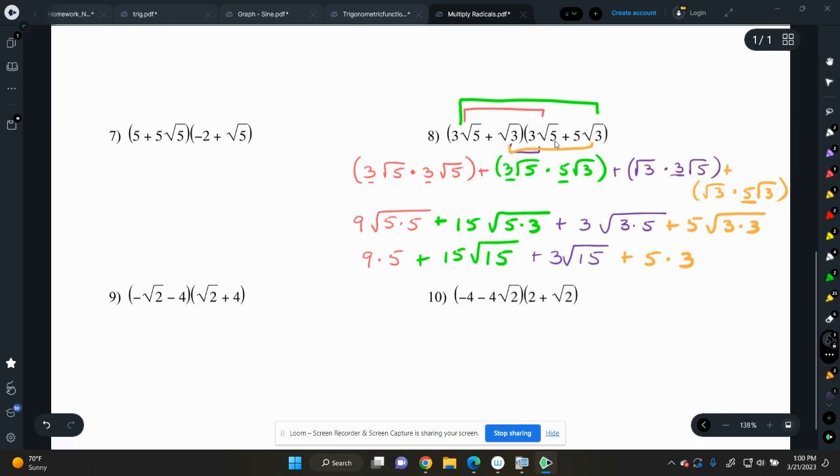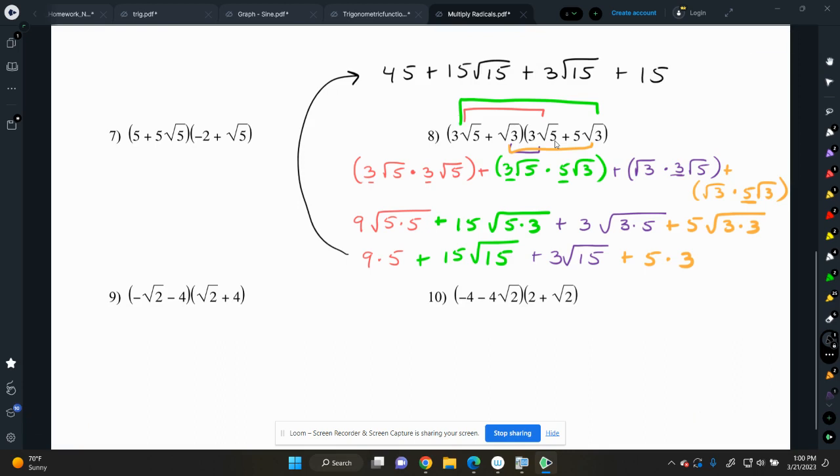That leaves us with a final answer of 45. Oh, this is not our final answer, actually. Plus 15 root 15 plus 3 root 15 plus 15. I forgot to multiply them together. Okay, one last thing we have to do.